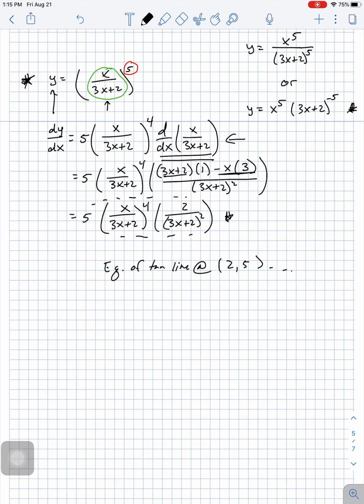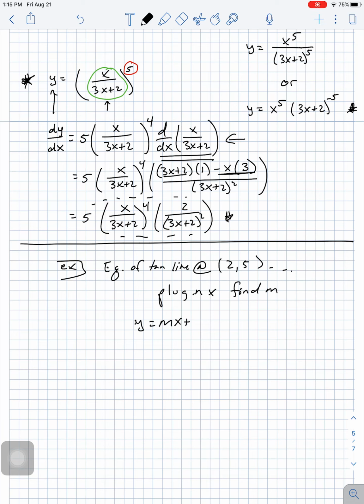So don't forget that that's there. This point won't work with this problem. This is an example. So you're going to plug in your x value to find slope, and then write your equation of your line. We've done that a lot, so hopefully that looks familiar.